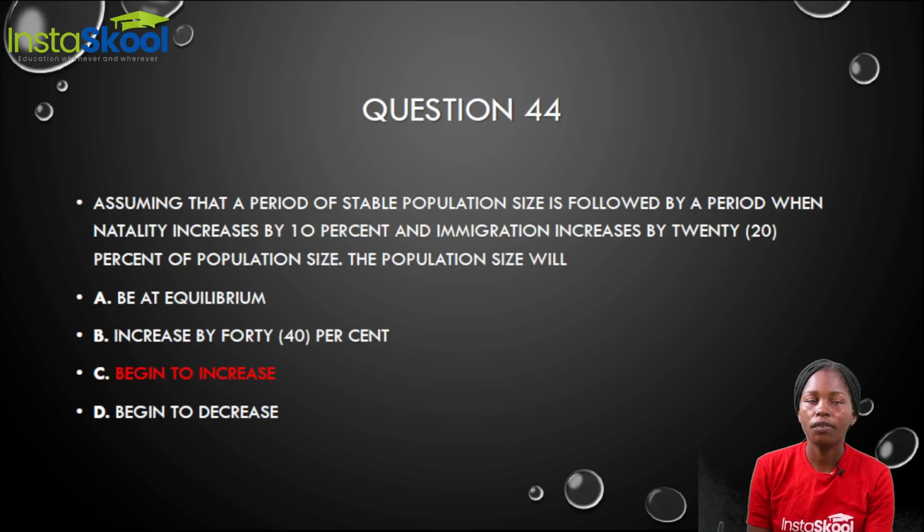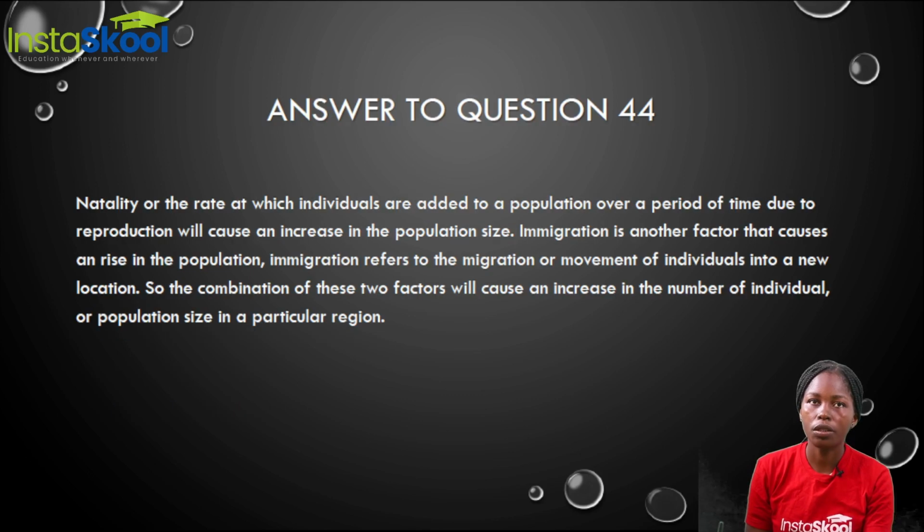Now question 44. Assuming that the period of stable population size is followed by a period when natality rates increase by 10% and immigration rate increases by 20% of population size, the population size will dash.